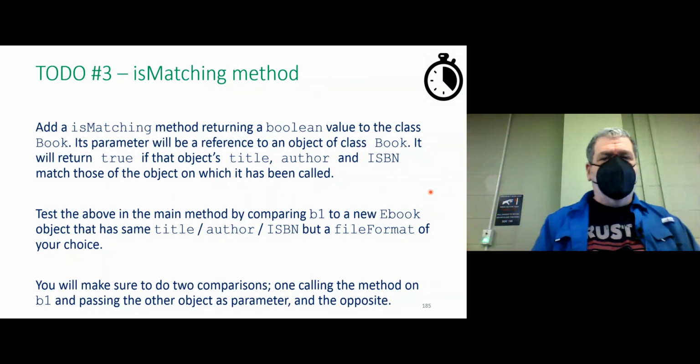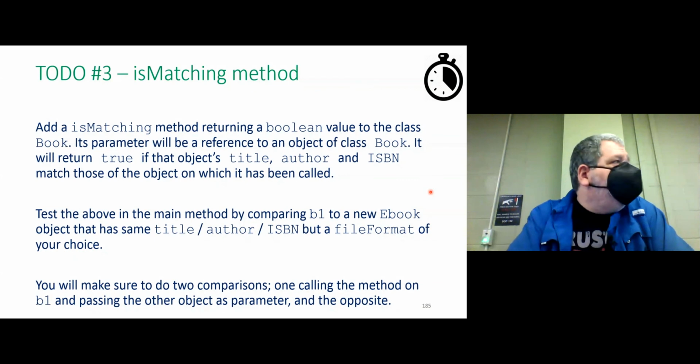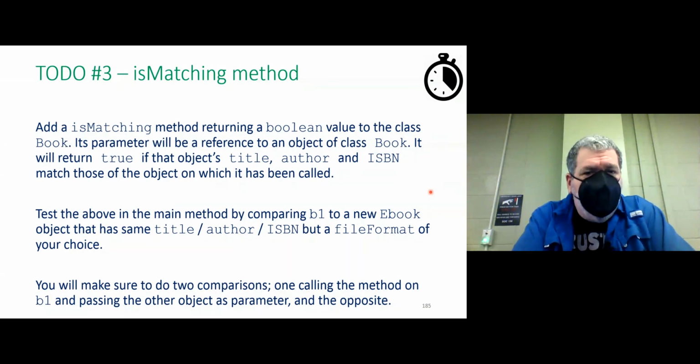And the rules for us to determine if a certain book, audiobook, or ebook matches another book, audiobook, or ebook are as follows. The method returns a Boolean value. We are going to define it in the book class. The parameter will be an object of class book as well, and it will return true if the title, author, and ISBN attributes match between the two objects. All right?